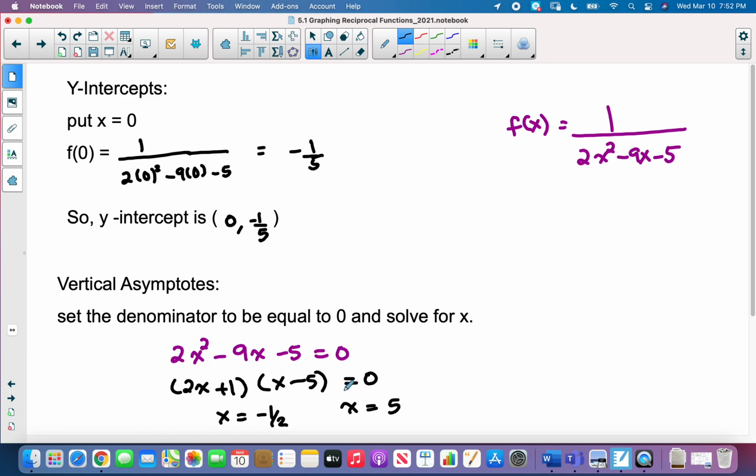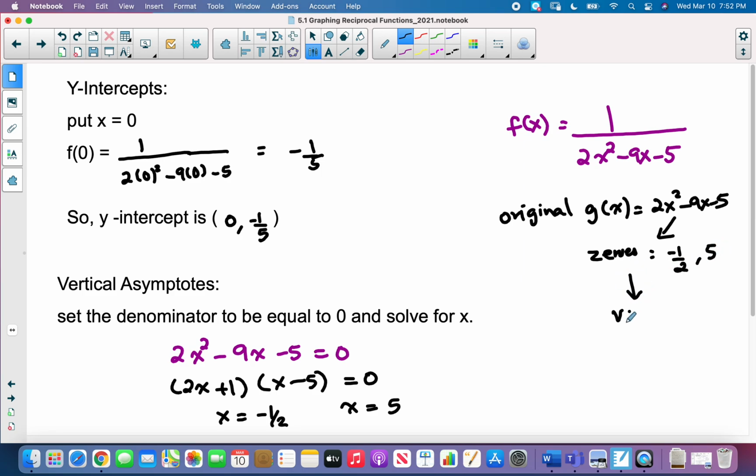Let's call the original function g of x. The original function would have been 2x squared minus 9x minus 5, a quadratic function. The zeros of this quadratic function would have been what you got here, negative 1 half and 5, and those become the vertical asymptotes in the reciprocal function.